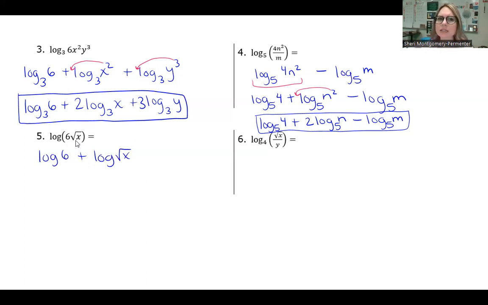So for question number 6, you have the same first step that we'll have log base 4, and then we'll have the square root of x minus y.